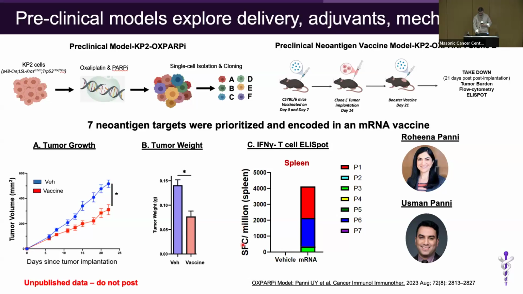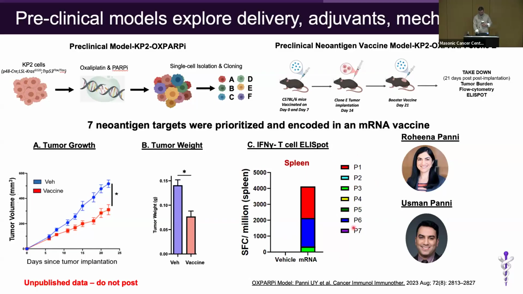And then if you take those tumors out, you can characterize them, and you can also characterize T cells from the spleen or the periphery or from lymph nodes to try to get a sense of whether you can detect neoantigen-specific T cell responses. And this is done with an ELISpot assay that I'll go into a bit more detail later.